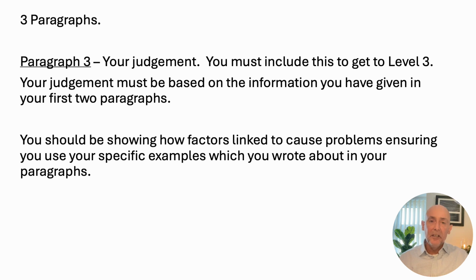Try and include it in paragraph 1 and 2. You should be showing how factors link together. So if you've been writing about Jim Crow laws, you could also show how that links to the growth of the Ku Klux Klan. You can be showing this wider issue that Black Americans face and using the specific examples you've written about in your paragraph.